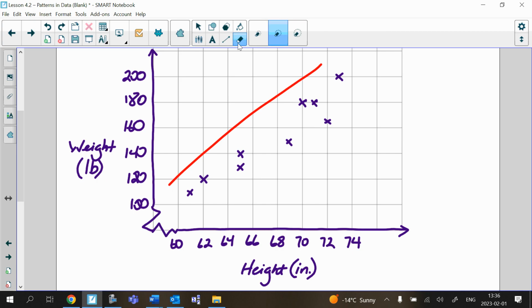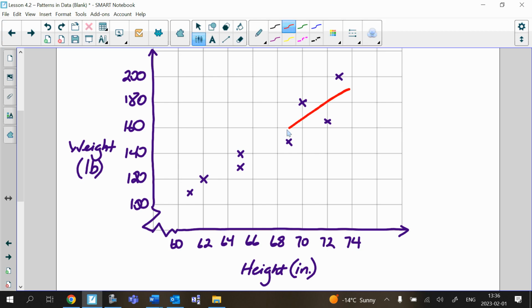So maybe something like that. Is yours going to be exactly the same as mine? No, it might be slightly off, but you'll be close. So you can see that we have like 4 X's above here, 3 X's below here, and 1 X right on there. It doesn't have to have the same number above and below. But that's a pretty good representation. So that's our line of best fit.